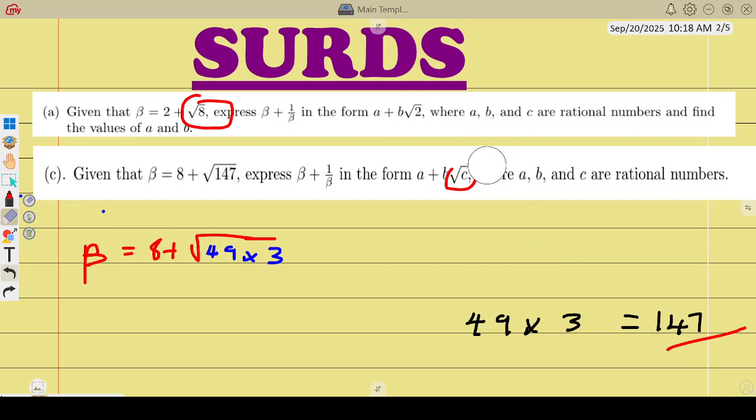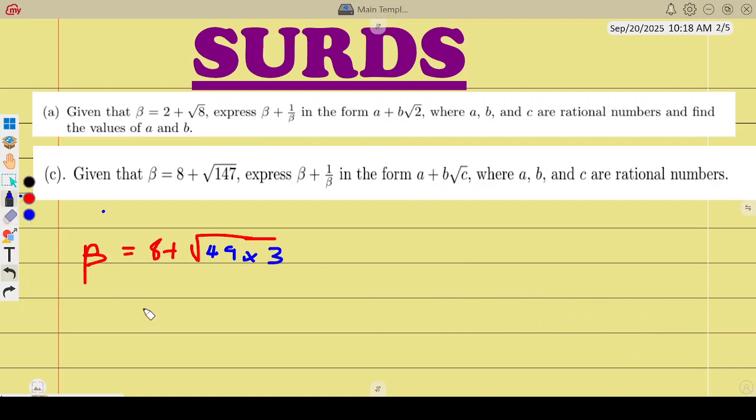So I've given you this. The reason why you are going through this video is so that your eyes are opened. So this is 8 plus root 49 root 3. So this is 8 plus square root of 49, it's 7 root 3. So I've simplified b.